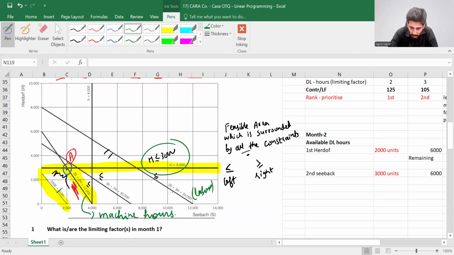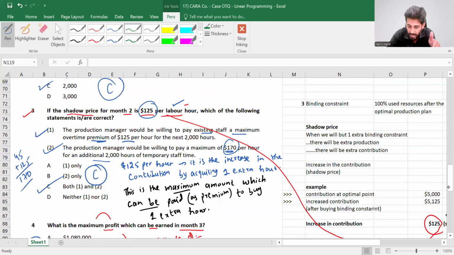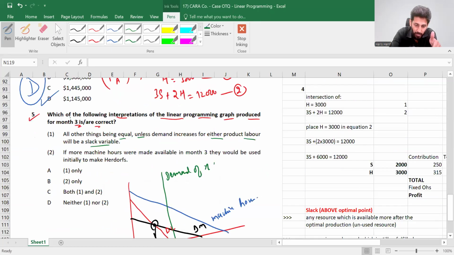This is labor, 2, 3 and 24,000. So yes, it is a slack because it is outside, above the optimal point. This is the optimal point, so this is outside. Yes, this is a slack. Point number 1 is correct.